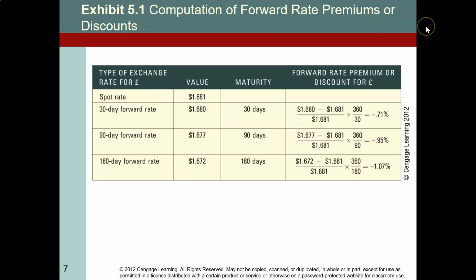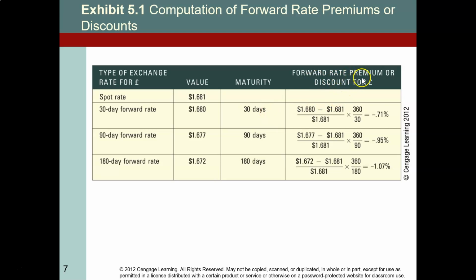Here is an example of how we can compute forward rate premiums or discounts. Say we have a spot rate of $1.681 for each pound, and the 30-day forward rate is $1.68, and the maturity is 30 days later.